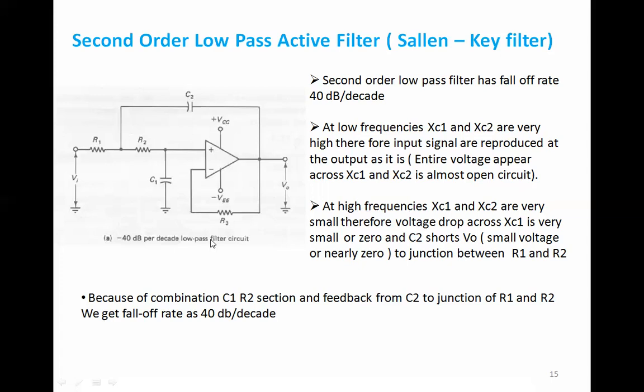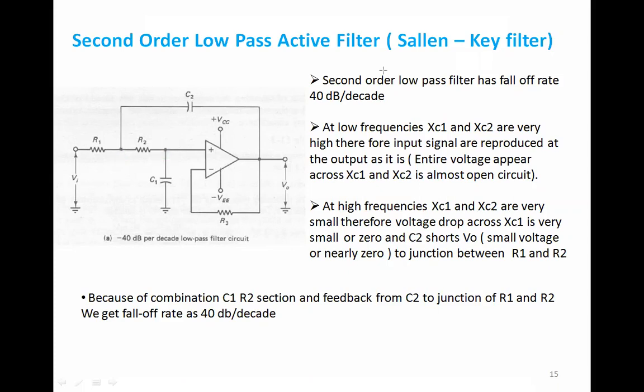You might ask, sir, how are we able to achieve this 40 dB? That is because of the junction between C1 and R2 and the junction between R1, R2 and C2. Because of this combination, we are able to achieve the 40 dB fall off rate.